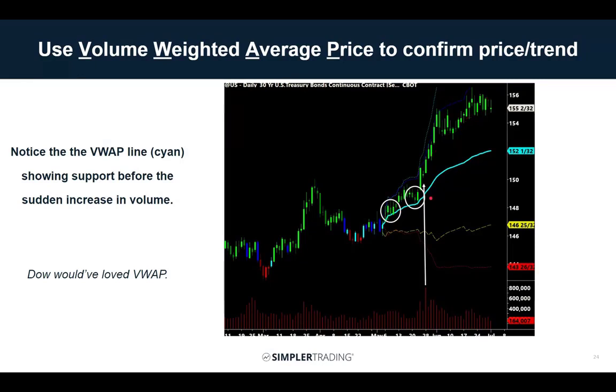But we have more transparency now in the market. And what we're able to do is anchor these volume weighted average price tools to get a heads up on which price levels have that importance of volume. Does that make sense, gang? Any questions on that? And I tell you what, if Dow had VWAP, he would have loved it. He would have absolutely loved it.